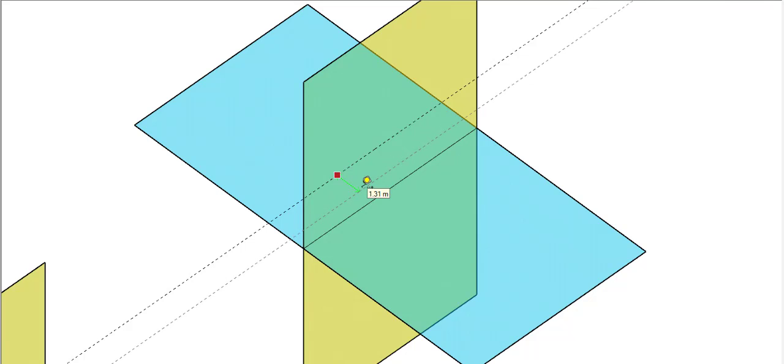So we have the line 30 millimeter above the horizontal plane, and it is the point A. It is somewhere around here. It is 20 millimeter in front of VP.